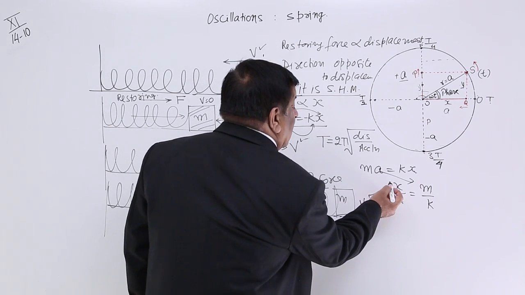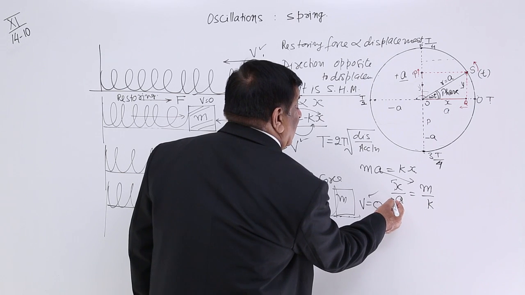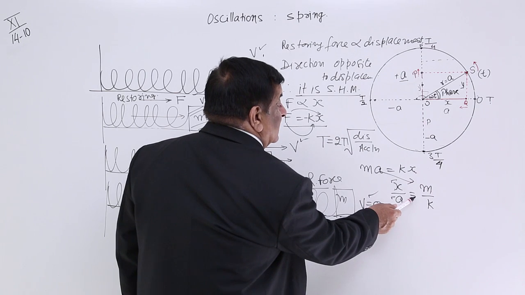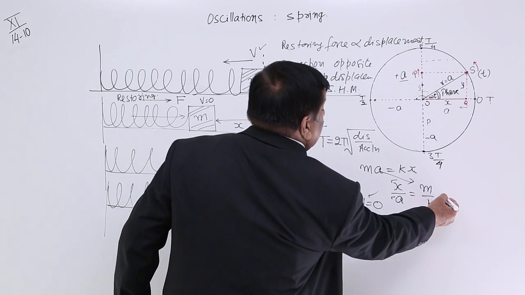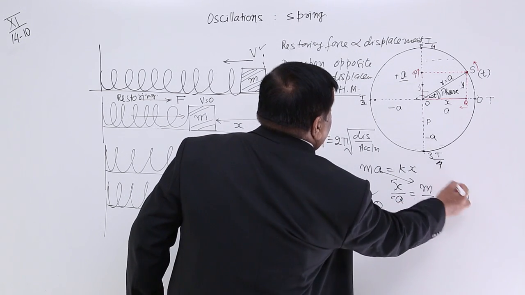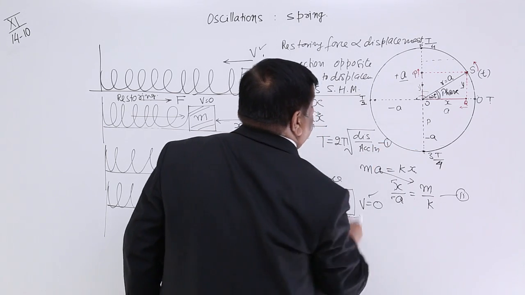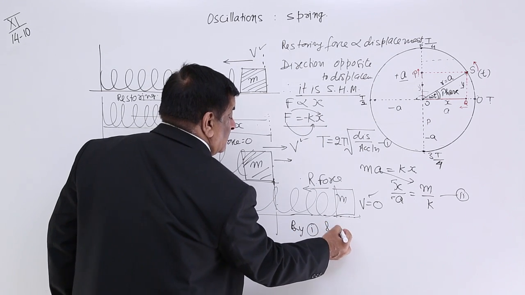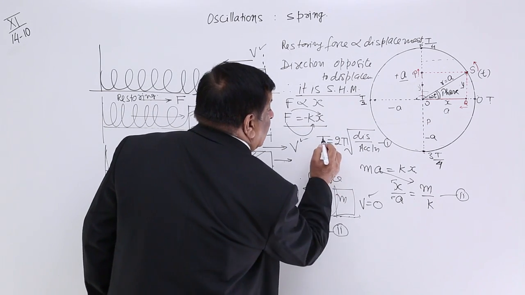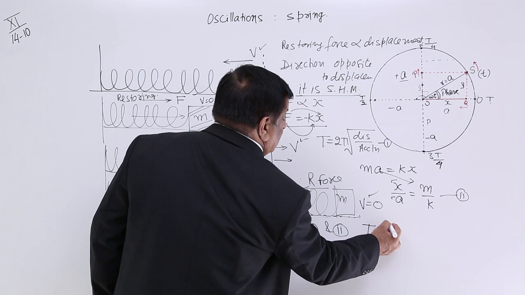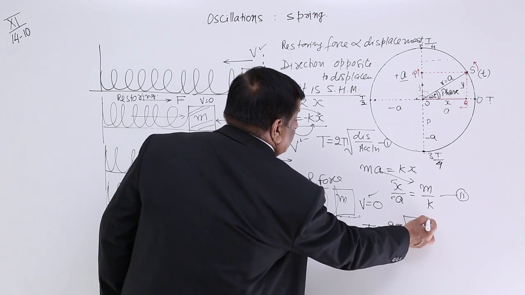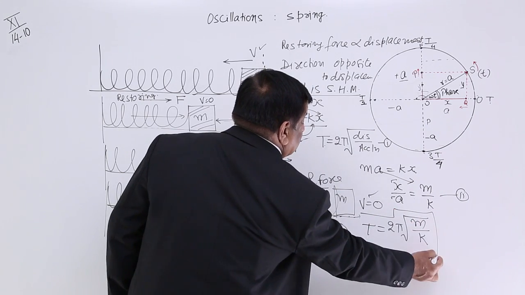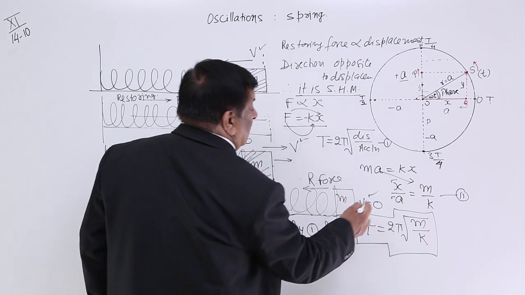We have proved x is displacement and a is acceleration, and displacement upon acceleration is equal to m upon k. Therefore, time period T is equal to 2 pi root m upon k. So this is the time period of this oscillation.